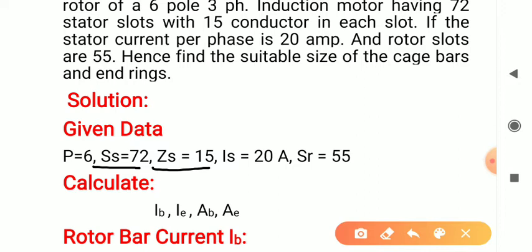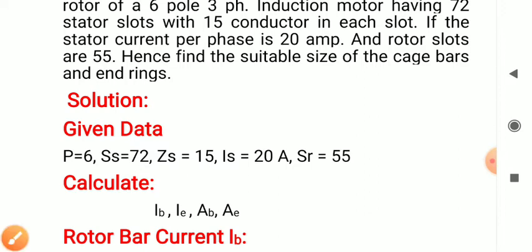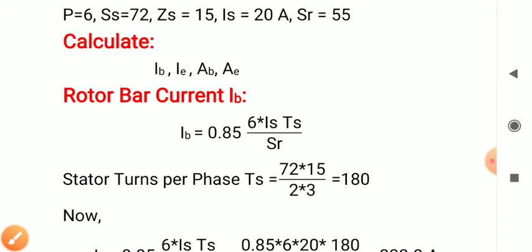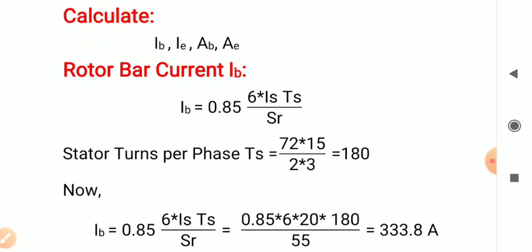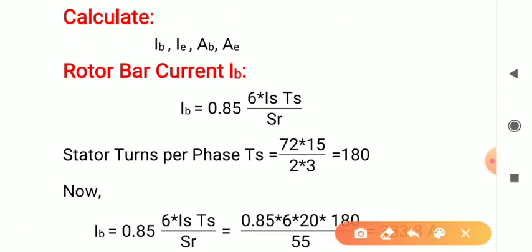So how to calculate the turns per phase? To calculate the turns per phase, the total number of slots given is 72, and in every slot 15 conductors are housed.